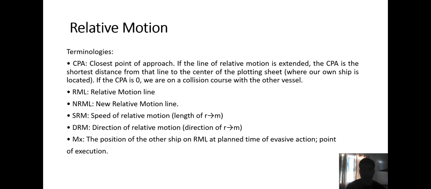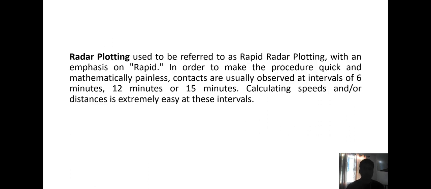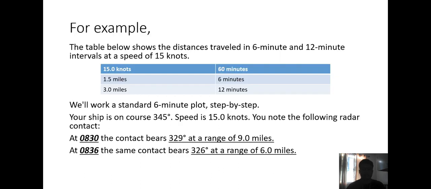Radar plotting used to be referred to as rapid radar plotting, with an emphasis on rapid. In order to make the procedure quick and mathematically painless, contacts are usually observed at intervals of 6 minutes, 12 minutes, or 15 minutes. Calculating speeds and distances is extremely easy at these intervals.